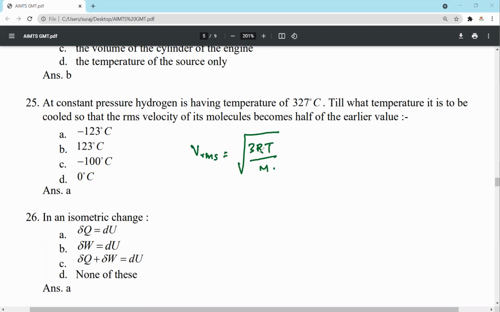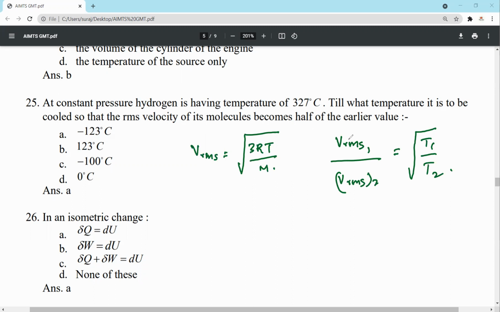Now VRMS 1 by VRMS 2 is what? Root over T1 by T2.